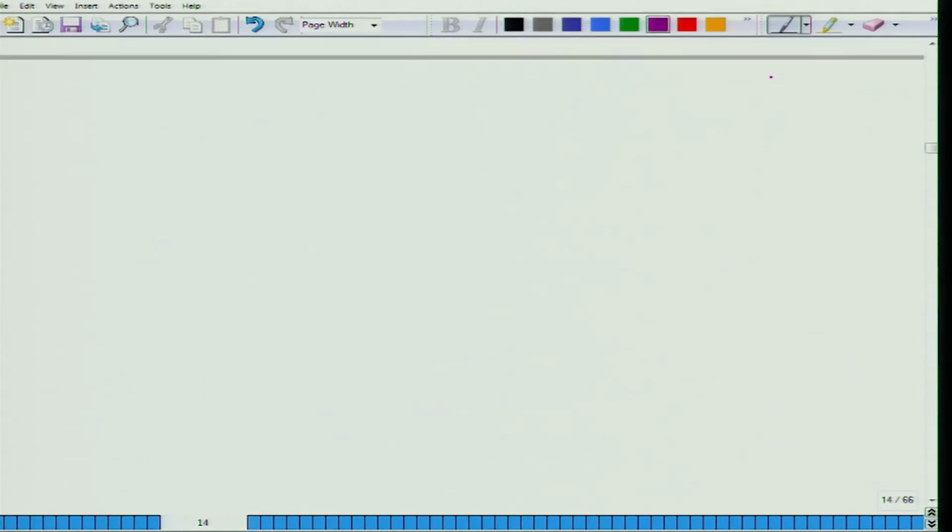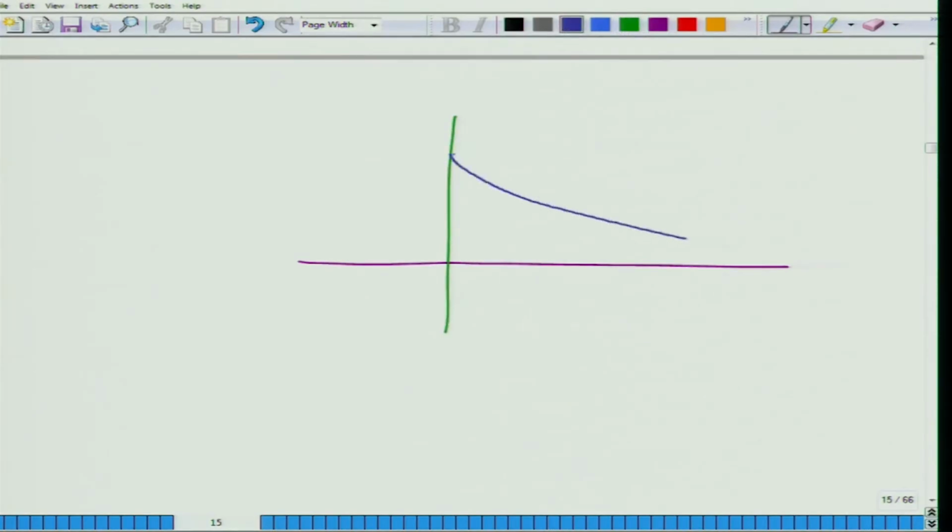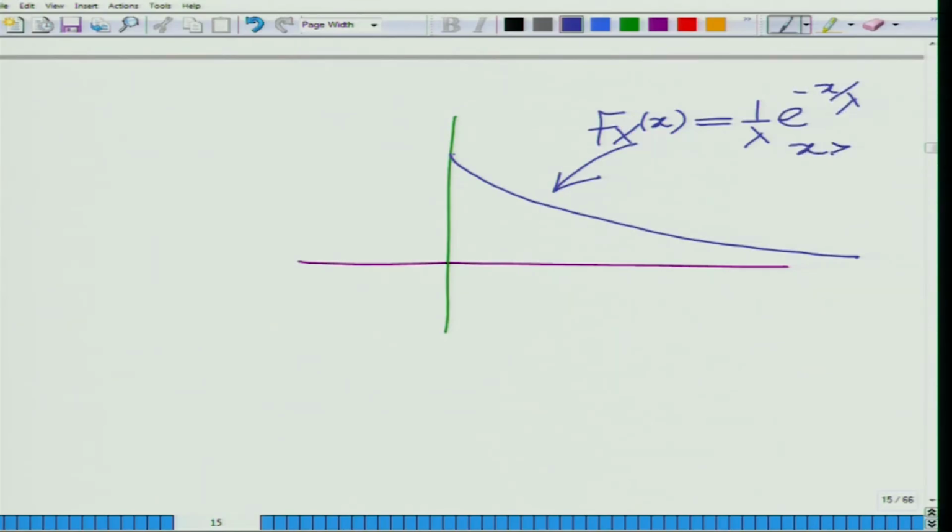Or you can have an exponential source, where the output PDF is exponential. The exponential PDF f of x equals 1 over lambda e power minus x over lambda for x greater than or equal to 0, and 0 for x less than 0.